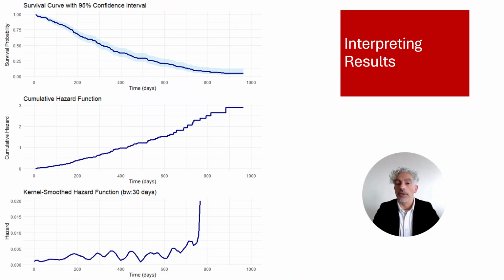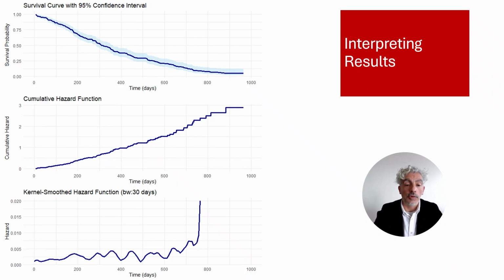And one final point before I close this presentation is that the different statistics I've mentioned so far provide different types of information, so it is important to consider them together to get some insight into the phenomena of interest. The data set that I've used to create those graphs here is still the lung cancer data set. And usually we start with the Kaplan-Meier survival function, which is easier to interpret because it has a more intuitive metric.